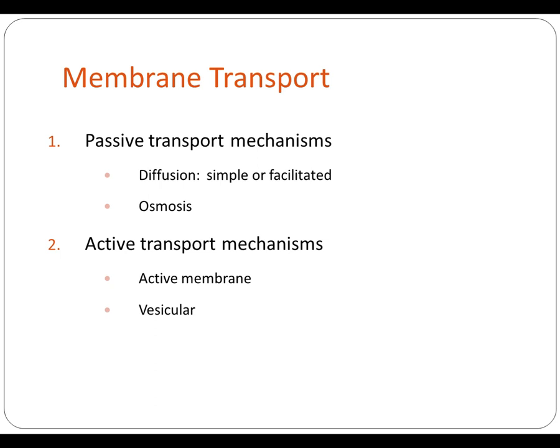What term could we use to describe the direction that a molecule might be moving passively with respect to its gradient? Moving down. Very good. So in passive transport, because it doesn't use energy, a molecule is moved down its concentration gradient from a greater to a lesser area of concentration.